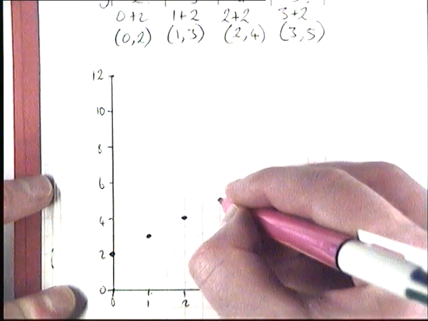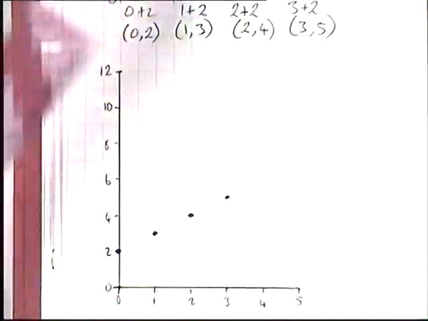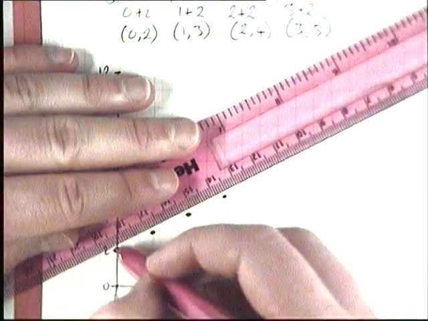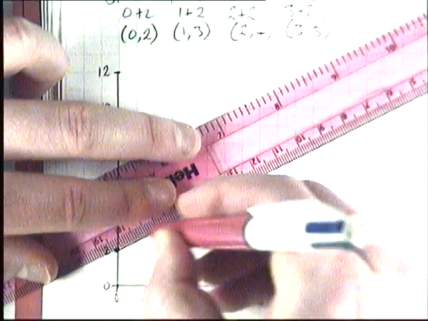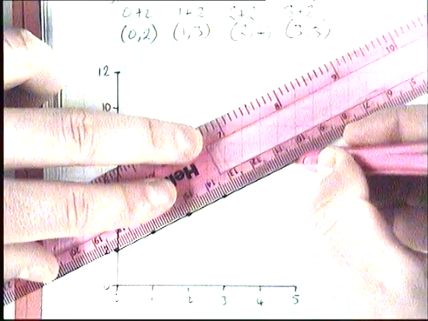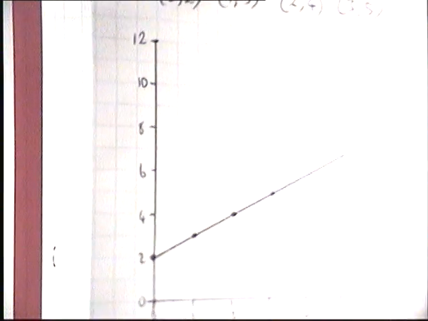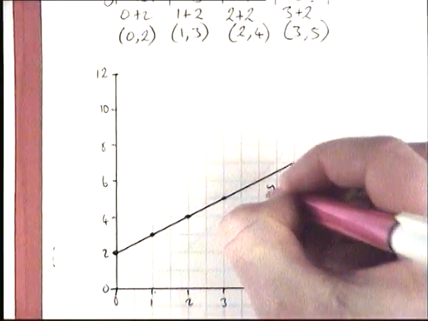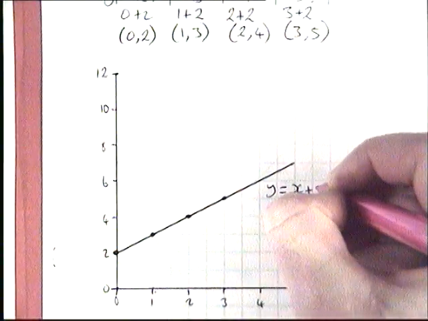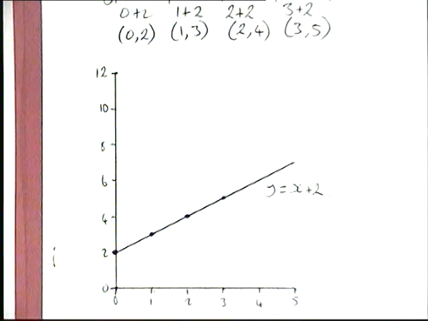And again, we're going to join those up with our nice straight line going right to the edges of our axes. So there's y equals x plus 2.